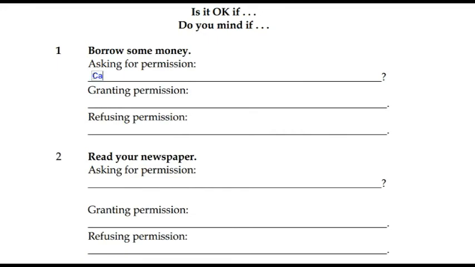So let us have asking for permission. We can use, can I borrow some money from you? Granting permission? Yeah, sure. How much do you need? Okay. Refusing permission.